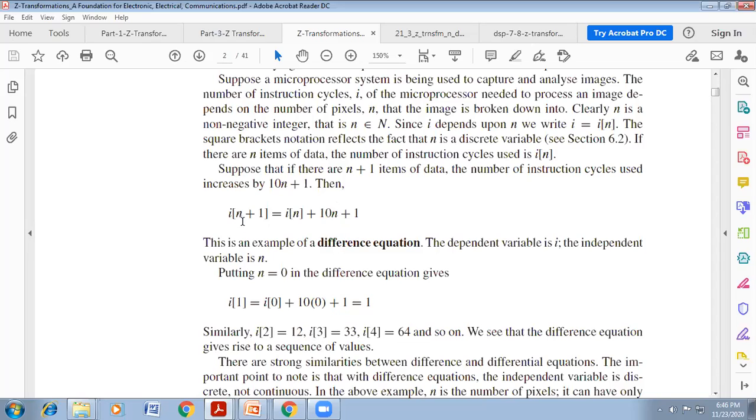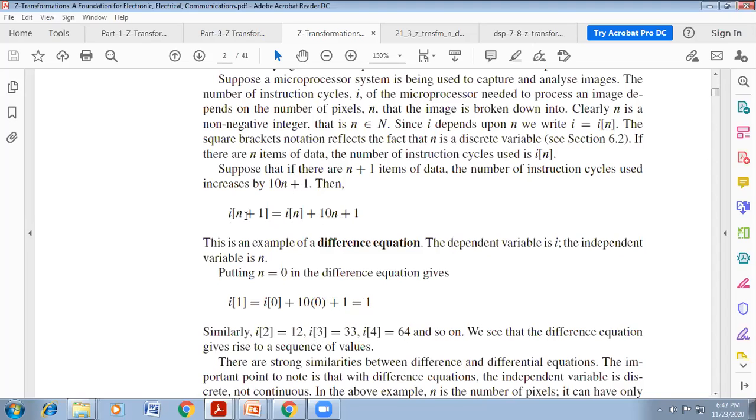So 10 into 2 is 20, and 20 plus 12 is 32, plus 1 makes 33.